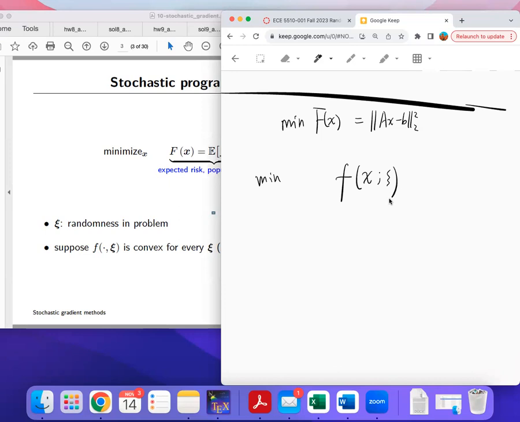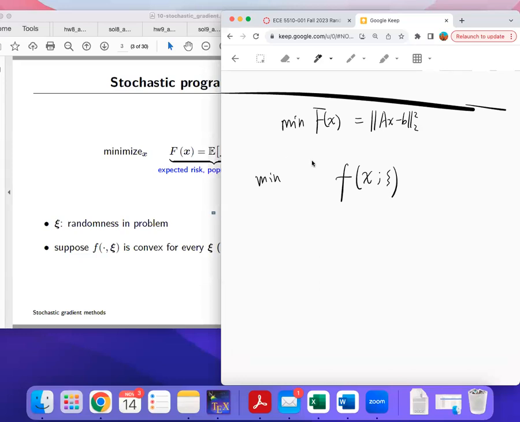One is our decision variable x. This is what we want to optimize over. And the other is that it also depends on what kind of data we are playing with, depending on this data sample xi. But in practice, this xi could be a random thing.